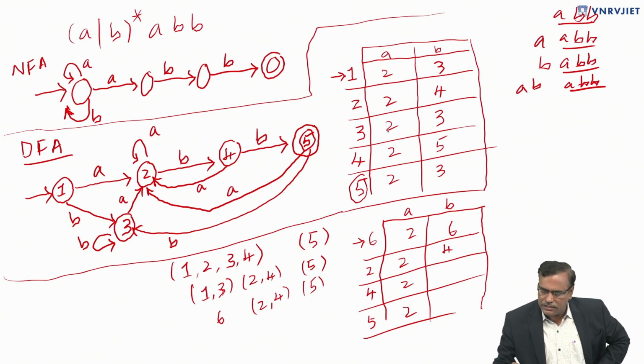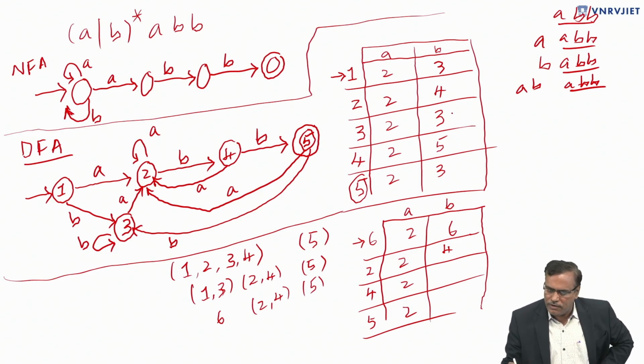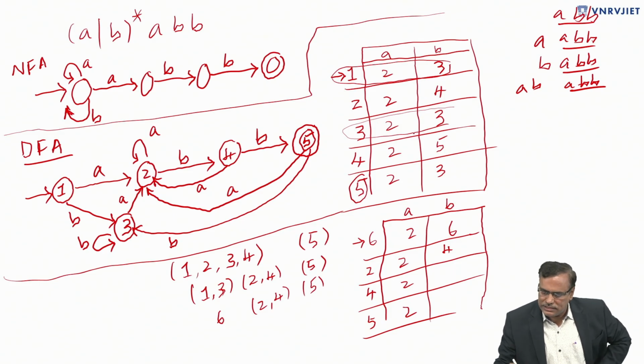But here 3, you don't have that, because I am combining this 1 and 3 and renamed it as 6. So this 1 and 3, in place of this 1, 3, I have got 6. For that I have defined.